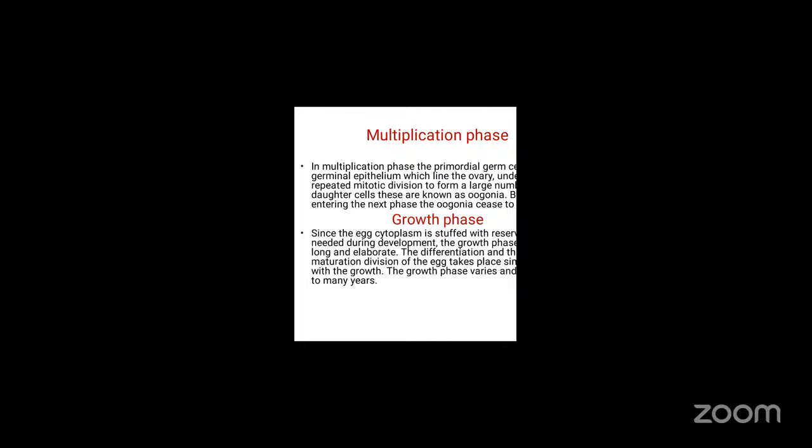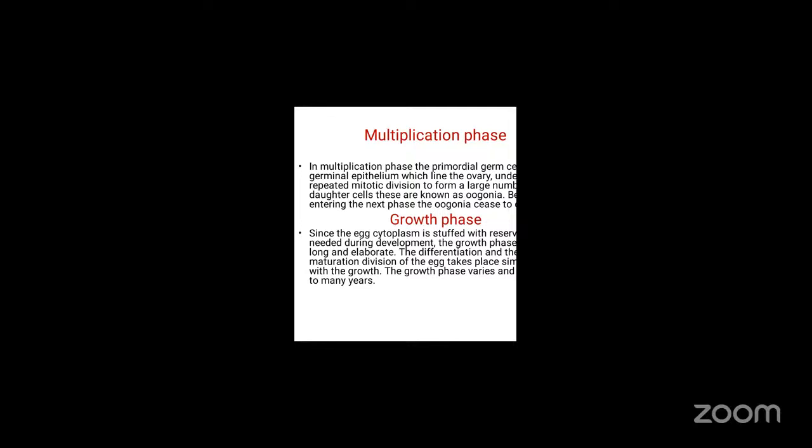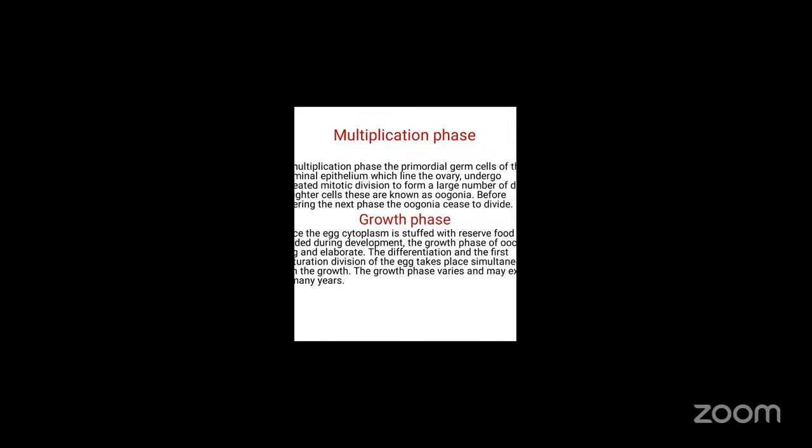Whatever food is present as reserve food material in the egg cytoplasm is needed during development. That is the reason why the growth phase of the oocyte is very long and very elaborate. The differentiation and the first maturation division of the egg take place simultaneously along with the growth, and the growth phase may extend for many years. That is what is called the growth phase.